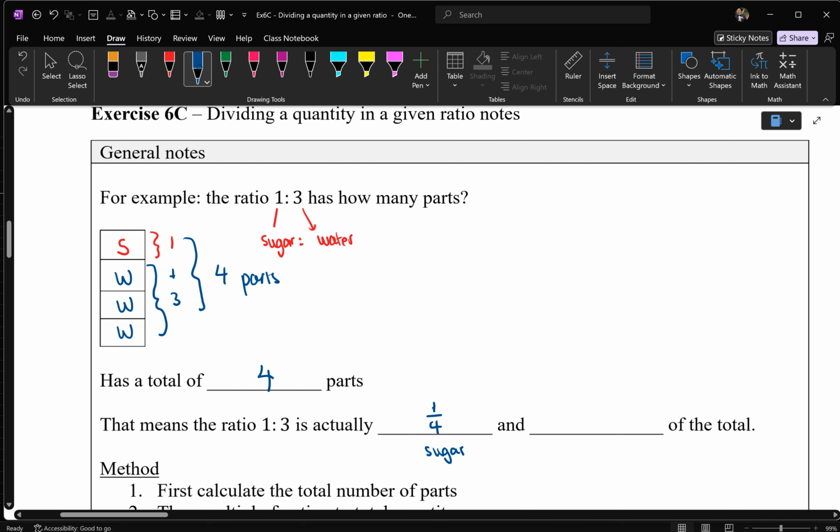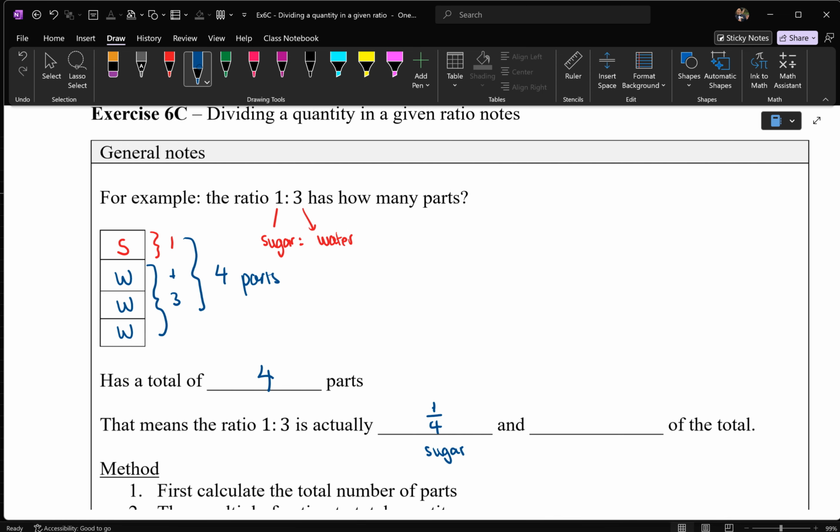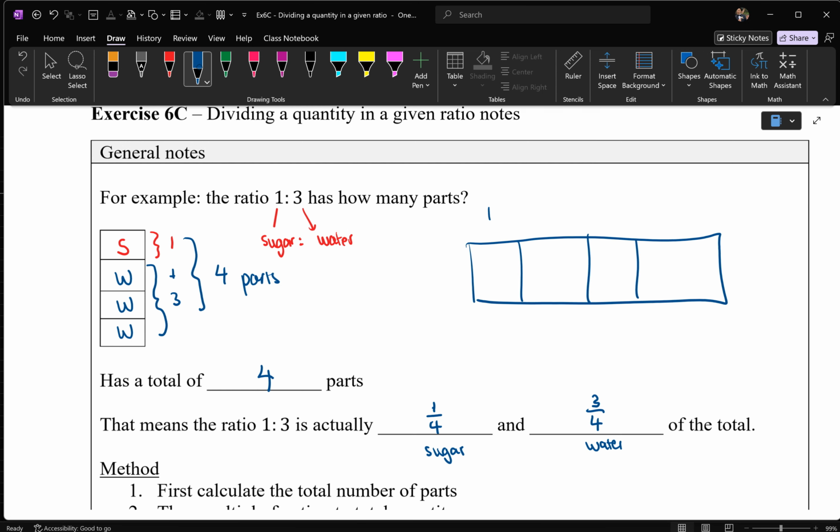So a quarter of it would be sugar out of that package, and then 3 quarters must be water. True? Because if I drew out the parts here, it's 1, 2, 3, 4. 1 quarter is sugar, and obviously the next 3 quarters must be water.